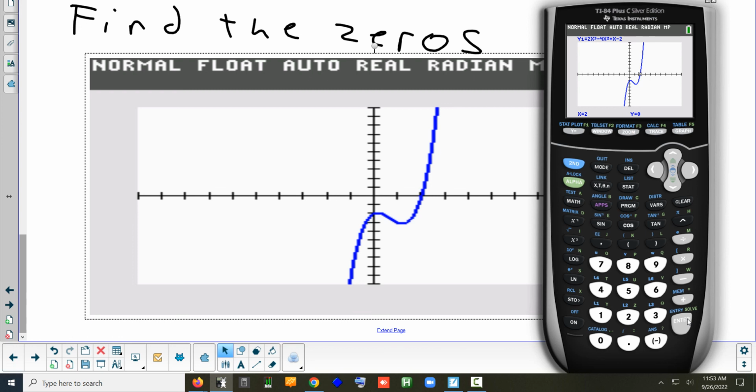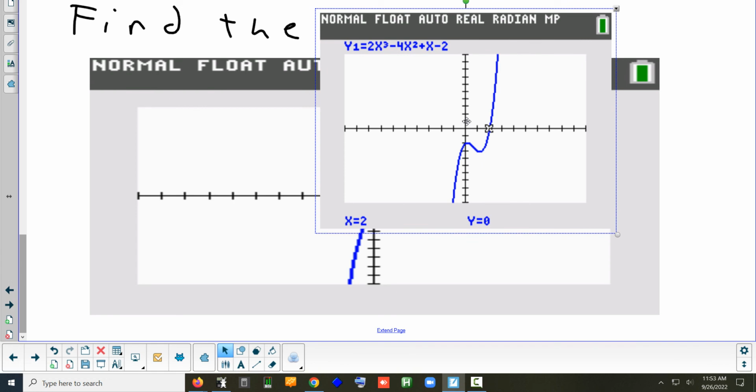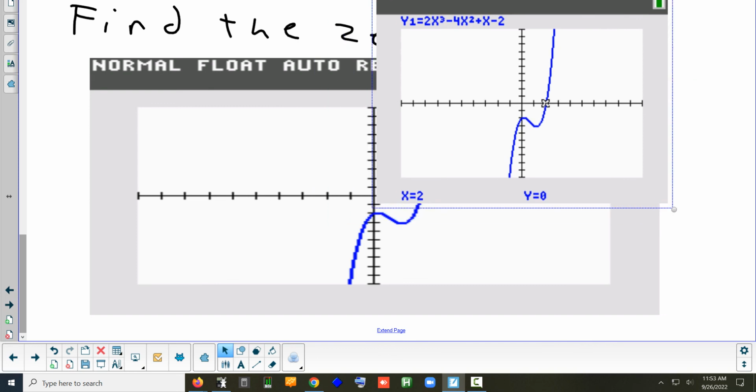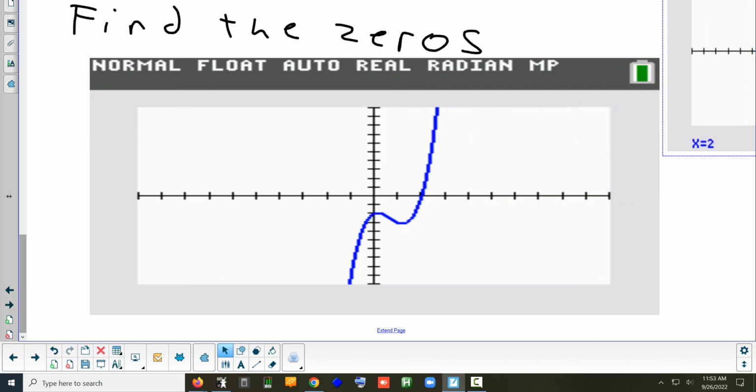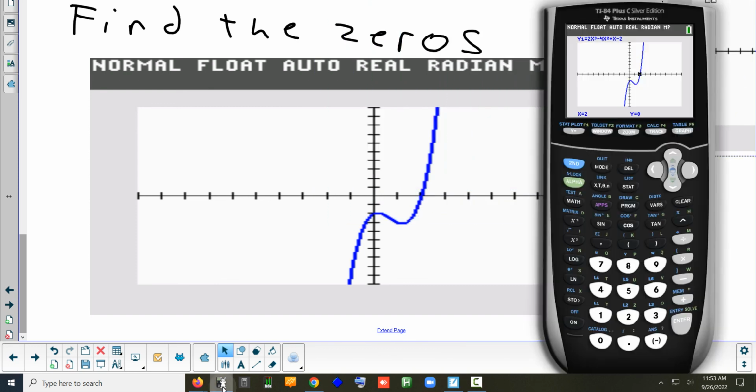Okay, in this case, I hit trace, and trace lets me move the cursor anywhere I want on the screen. So I hit 2, I hit enter, and I could quickly see the point. Now, if it wasn't 2, like let's say it was like 1.99, then we wouldn't have got 0.